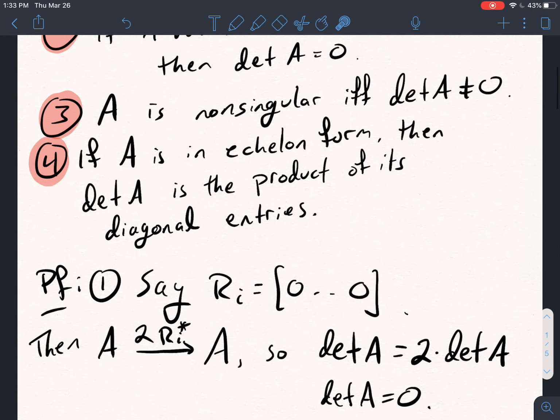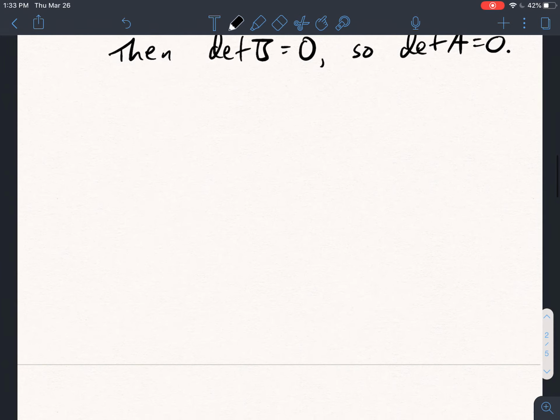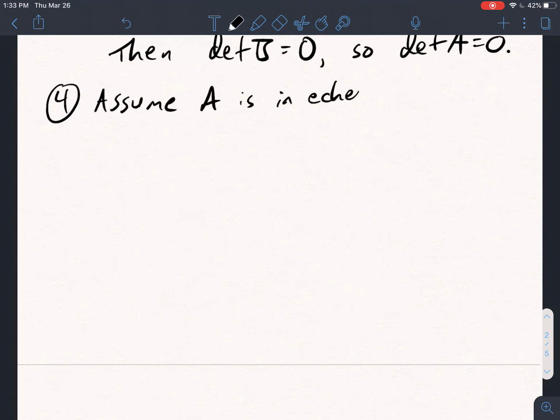Part 4 is if A is an echelon form matrix, then its determinant is the product of the diagonal entries. So let's assume A is in echelon form, and I want to show that its determinant is the product of the diagonal entries.